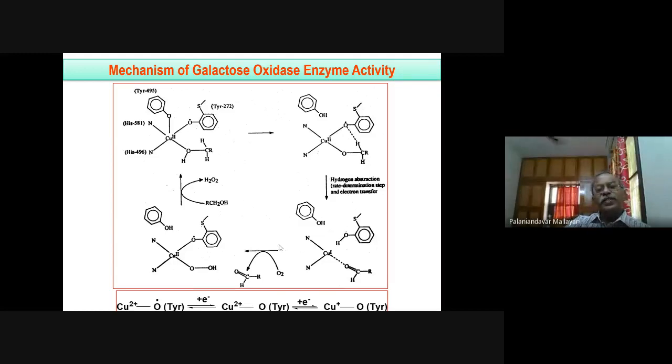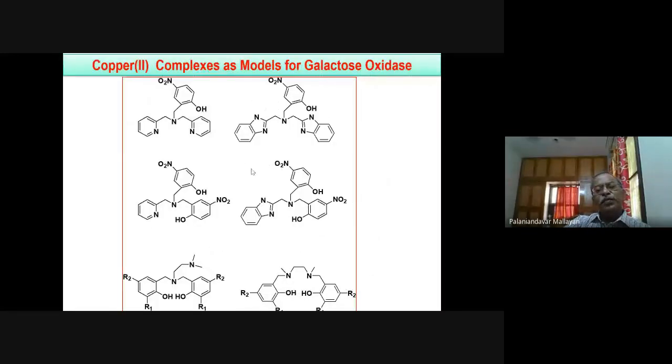So what is it that we did? We used this tripodal ligand. I told you when Kitajima was involved in making tridentate tripodal ligands to make copper compounds. I was using in our laboratory tetradentate ligands, but they are tripodal topology.